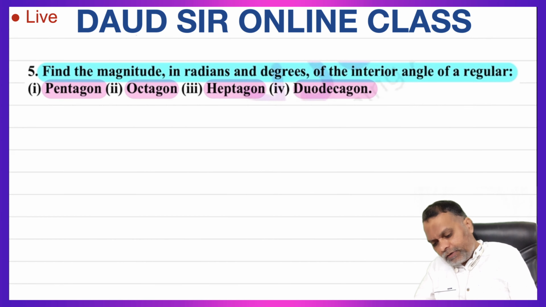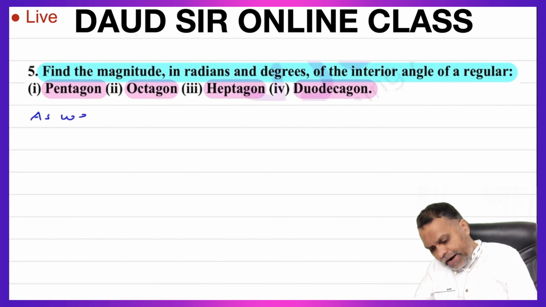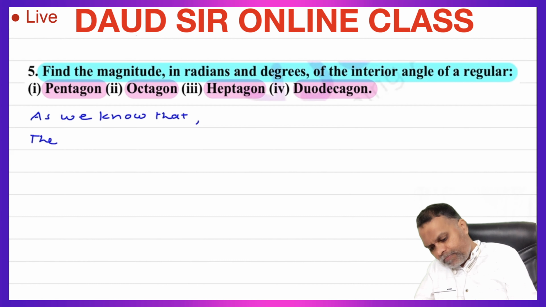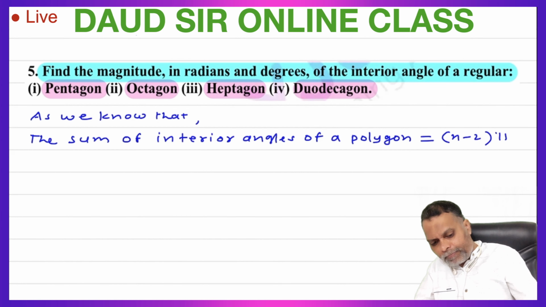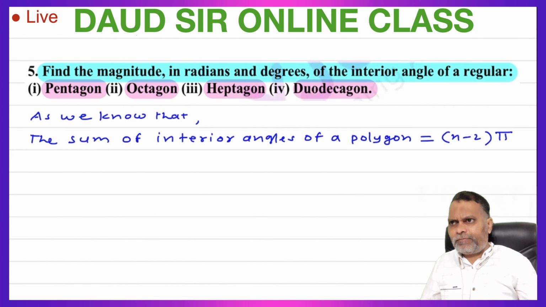So, as we know that the sum of interior angles of a polygon is equal to (n minus 2) pi radians.